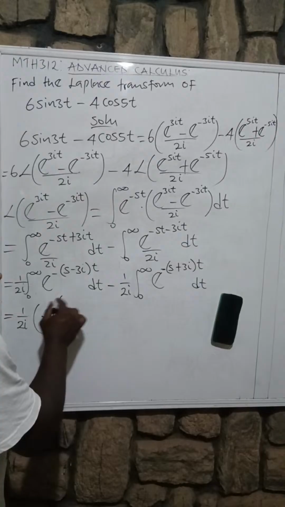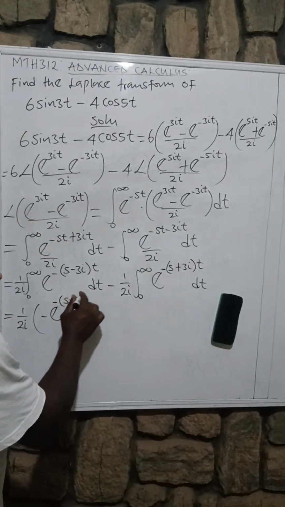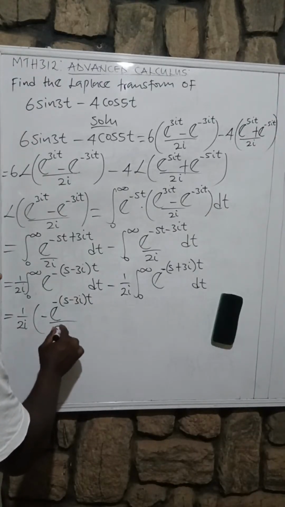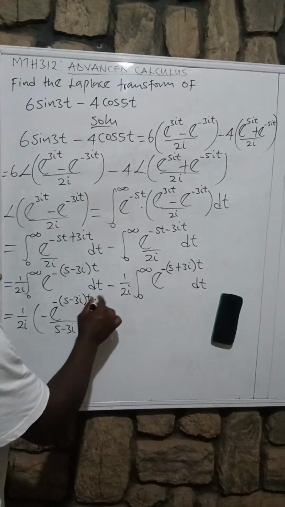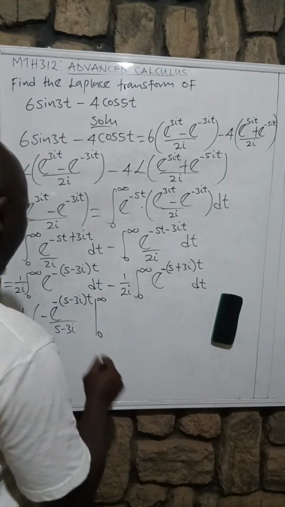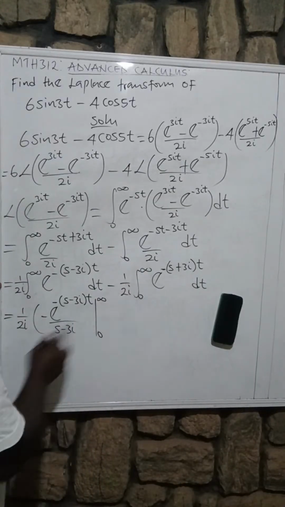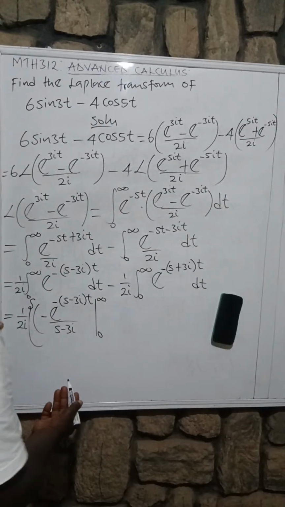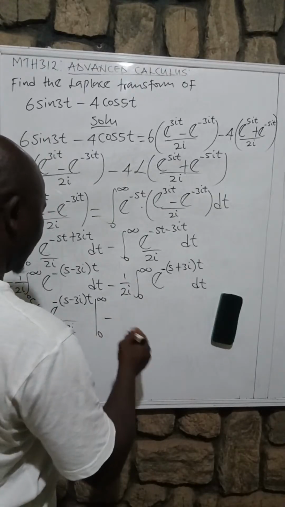Since 1 all over 2i is common, let us give them a big bracket so that we'll not be repeating it.